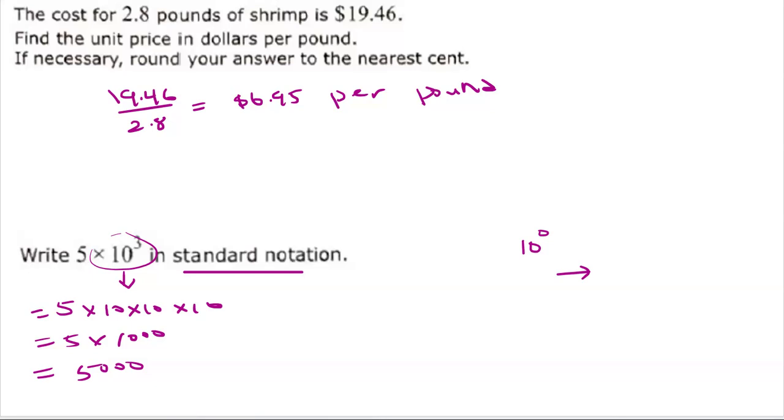So again, if I move the decimal to the right, the power will go down. If I move the decimal to the left, then the power will go up.